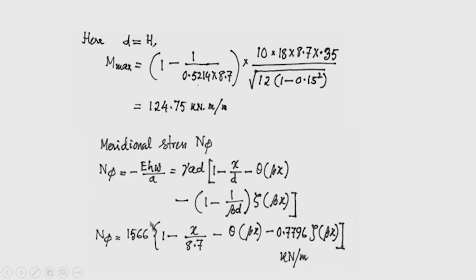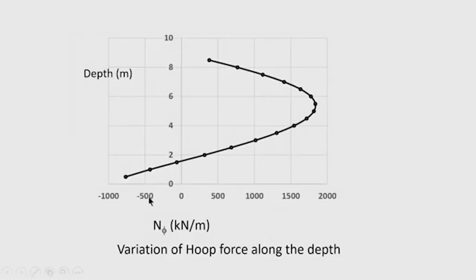The variation of N phi is obtained for different values of x along the height of the tank, and that variation is plotted here. You can see the maximum hoop force is obtained at a distance of around 5.7, and the variation of hoop force is maximum at this point.